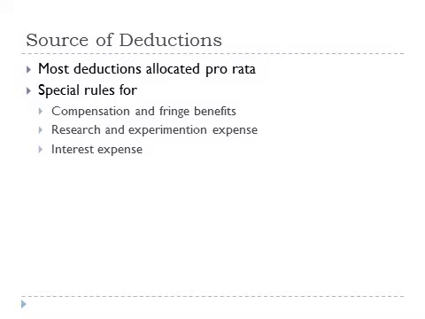However, special allocation rules apply to many types of deductions. We will focus on the special rules applicable to deductions for compensation and fringe benefits, research and experimentation expenses, and interest expense.